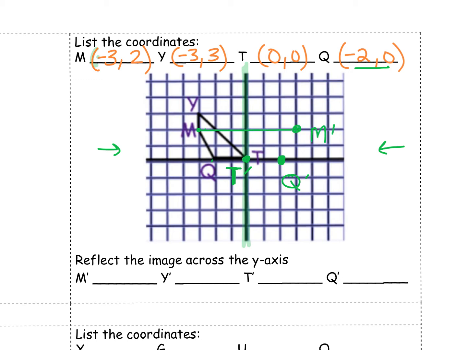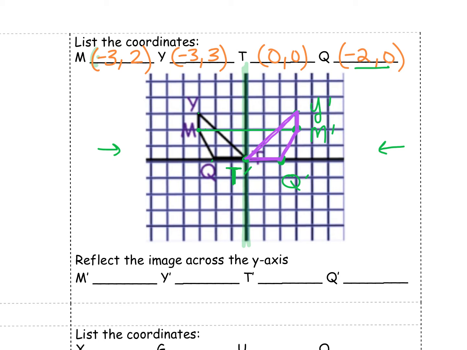M prime, and same with my Y. Y prime. When I connect my new dots, my new coordinates, I should make a reflection of that same image I started with. So notice my shape is the same shape, it's just reflected over that axis or my highlighted axis. Then we need to list our new coordinates and we'll make some observations.